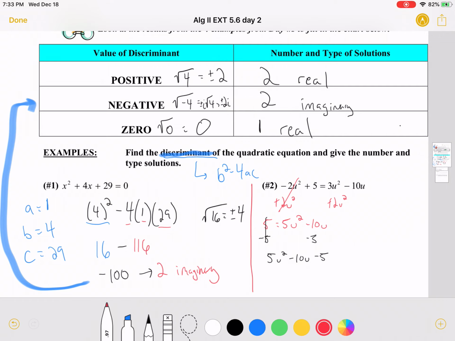So again, I got to find what my b squared minus 4ac is. Well, my a value is 5, my b value is negative 10, and my c value is negative 5. So I'm going to get negative 10 squared minus 4 times 5 times negative 5.